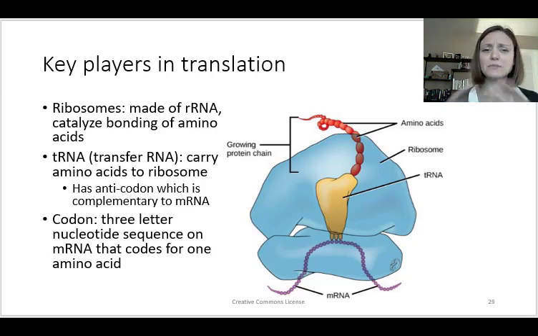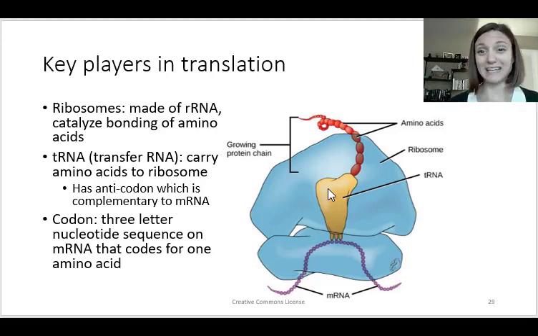So we have some new molecules that we need to talk about first. We're going to introduce in more depth what a ribosome is, tRNA, and a codon. These ribosomes, we've talked about them before as the protein factories. Ribosomes are two pieces of what's called ribosomal RNA.